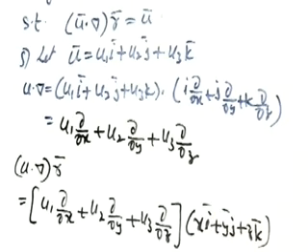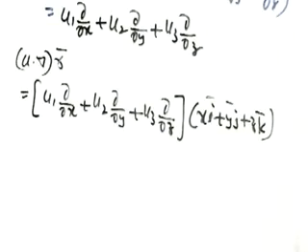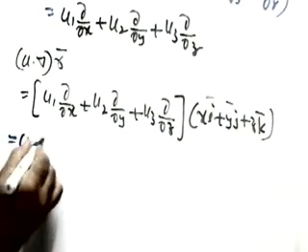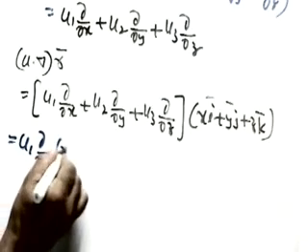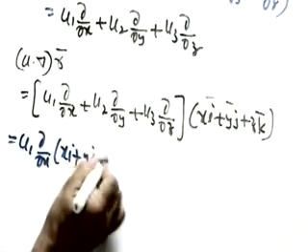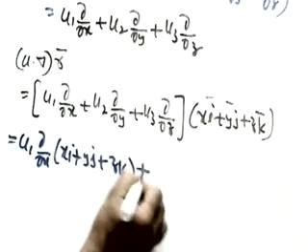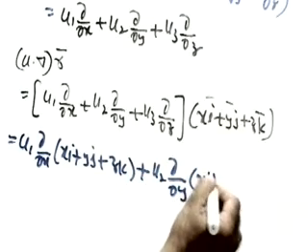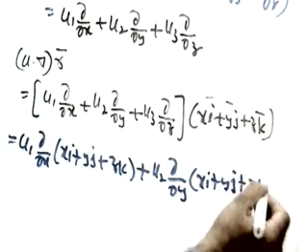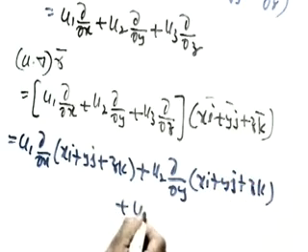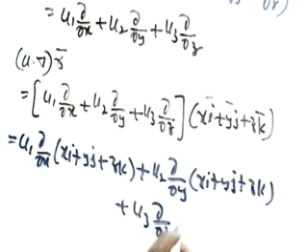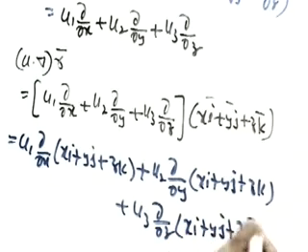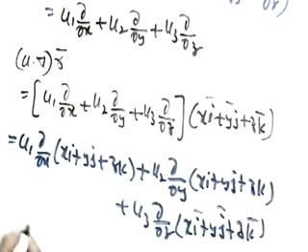Now watch carefully. If we multiply, we get u1 dou by dou x of (xi plus yj plus zk) plus u2 dou by dou y of (xi plus yj plus zk) plus u3 dou by dou z of (xi plus yj plus zk).